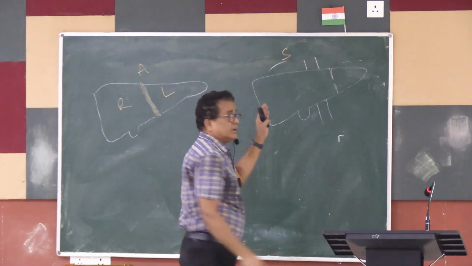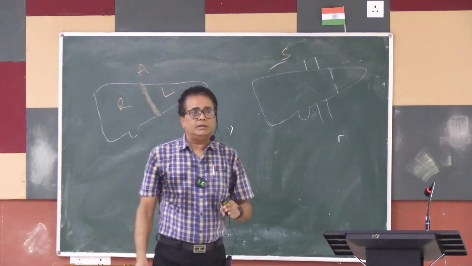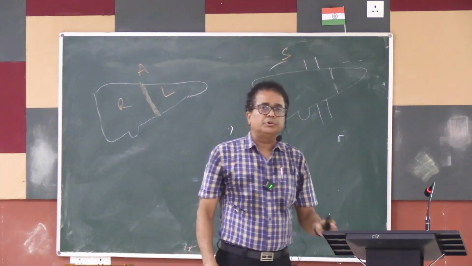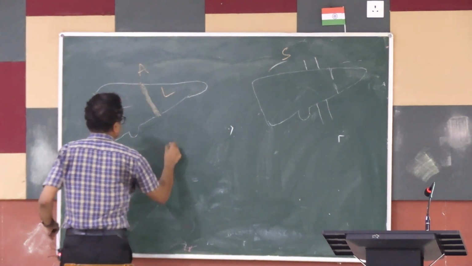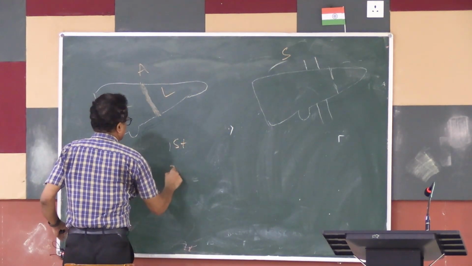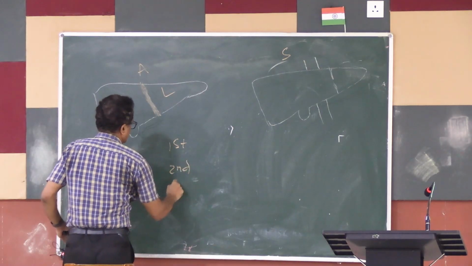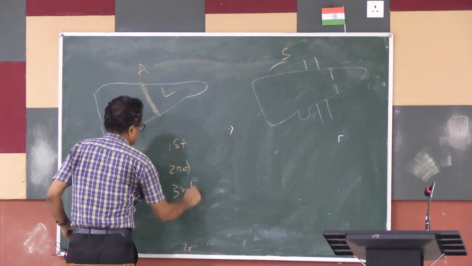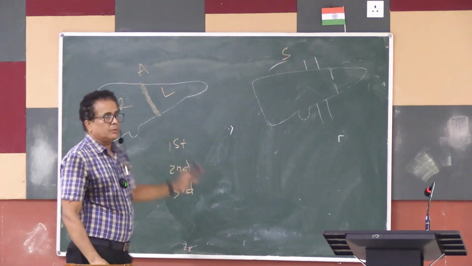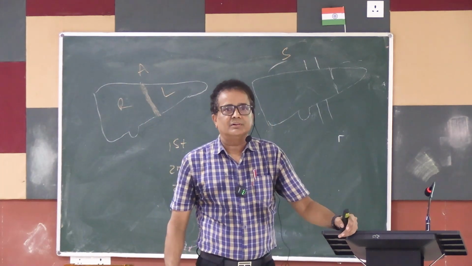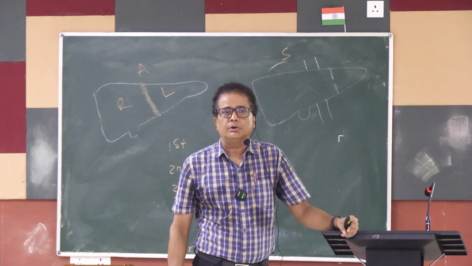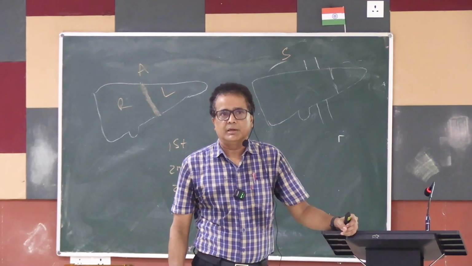But in the surgical division, there are actually three things you need to remember: the first division, the second division, and the third division. On the basis of that, we name them, and these names are internationally recognized, so you will not change the names in any other way.